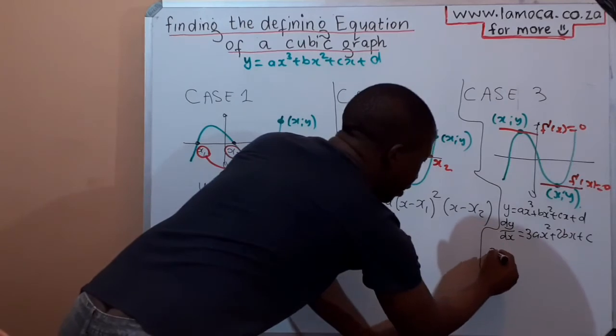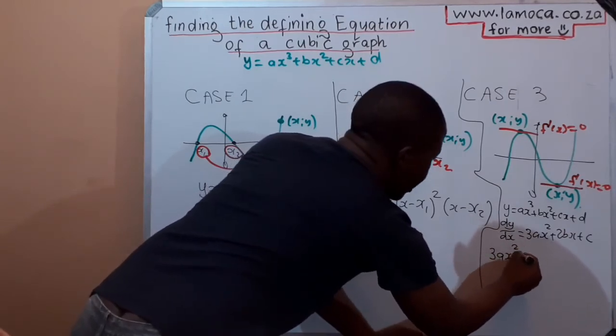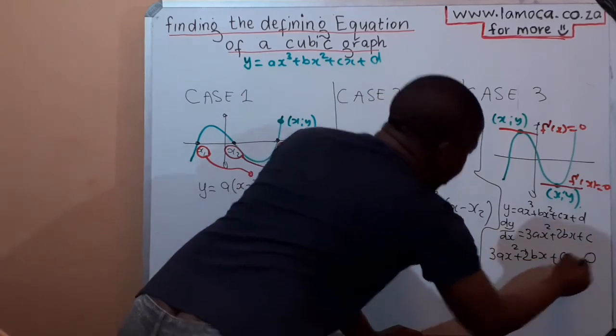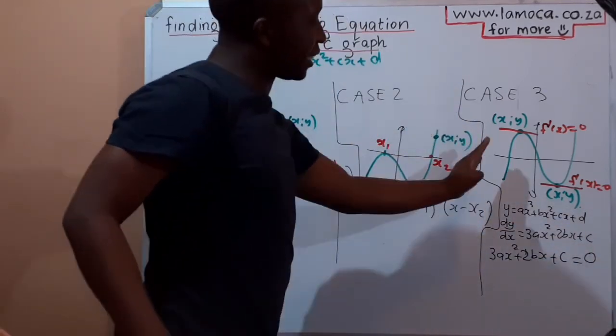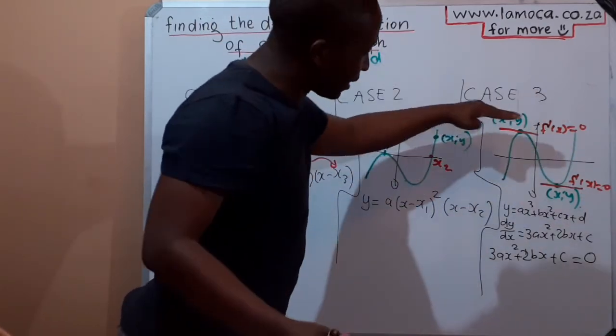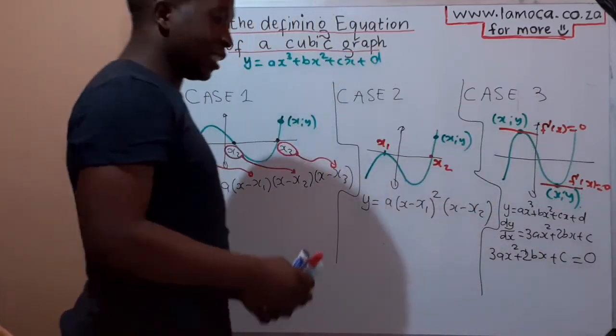When the graph increases, its gradient is positive. When it's decreasing, the gradient is negative, but at the stationary point, the gradient is equal to 0.